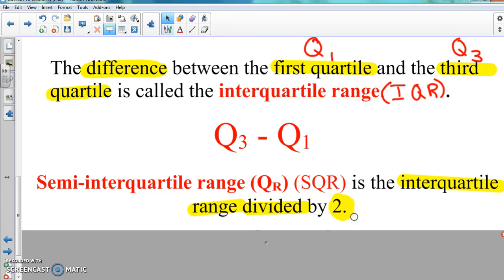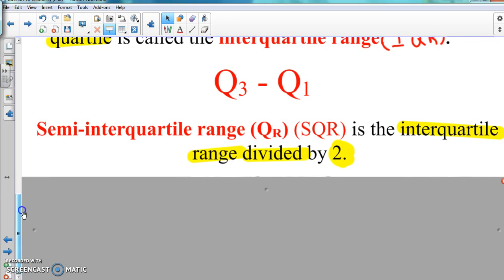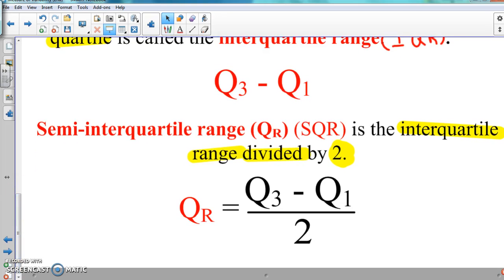Interquartile range is in there, so it can't be the interquartile range for the answer, but when you divide by 2, that's the semi. Sometimes I use IQR, but a lot of times I use SIQR. So whenever it comes to the working stuff, I might say SIQR instead of IQR, so just be prepared for either one of those. That's all the information you need, because now we're going to go into doing this work. We're going to do it on the calculator.